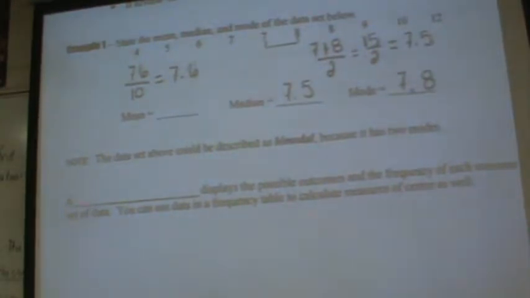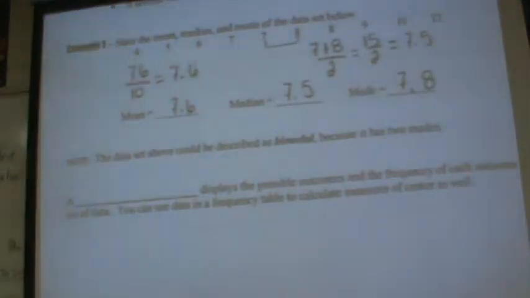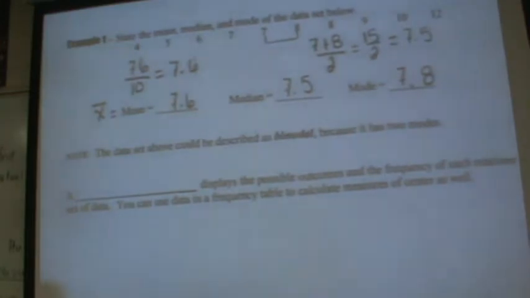So our mean, or our average, is 7.6 for this set. And remember that mean can also be written as X bar. They all mean the same thing: average, mean, X bar.